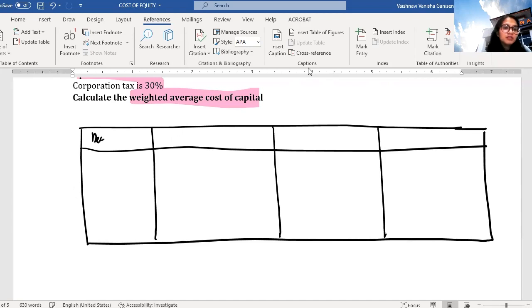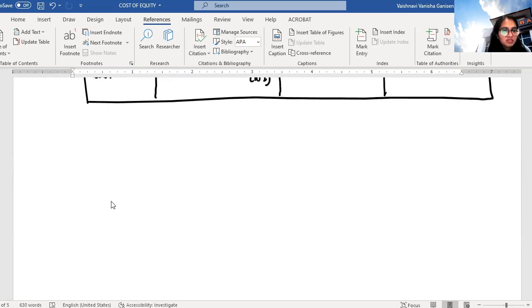So description, K, MV, K times MV, equity, which is your ordinary share, and your debt. Here I'm just going to do working 1, working 2 so that it looks neat. Just so that it looks neat, no other reason. Workings.